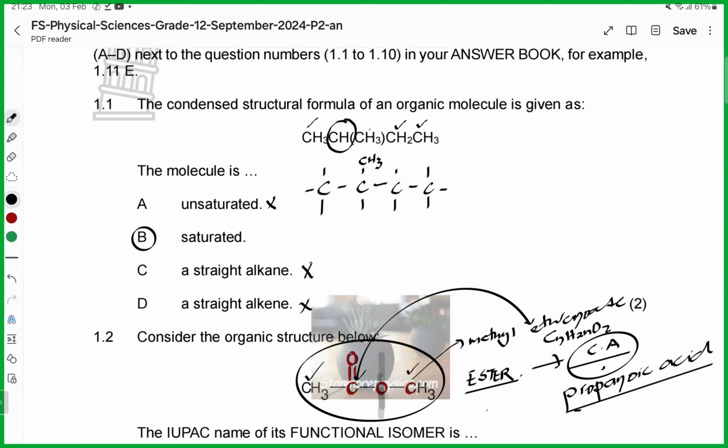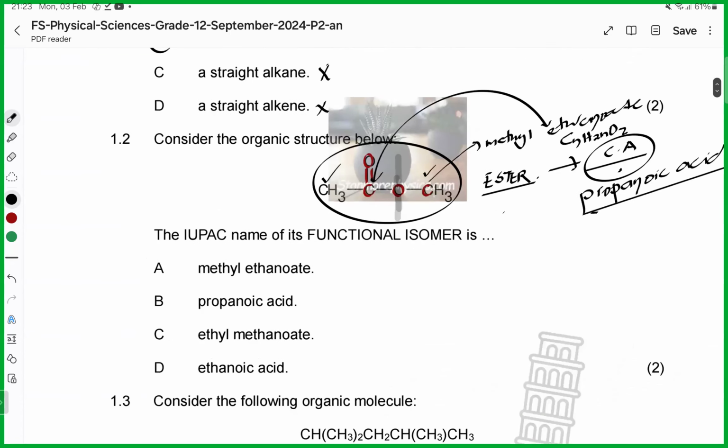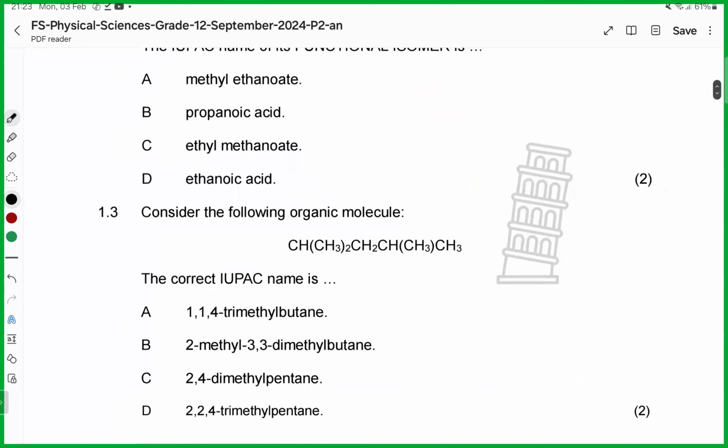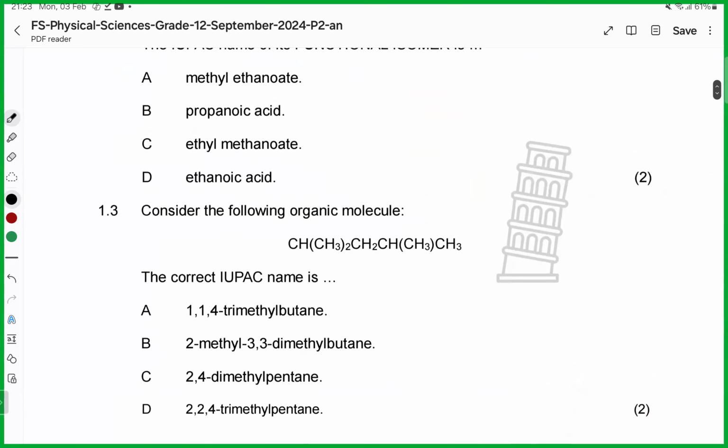Because there's only 3 carbons. Very good. If you got 3 carbons, you'll never get a side chain on that compound. So the functional isomer of this compound is propanoic acid. The answer there is B. Right, I'll let you draw this and figure it out.